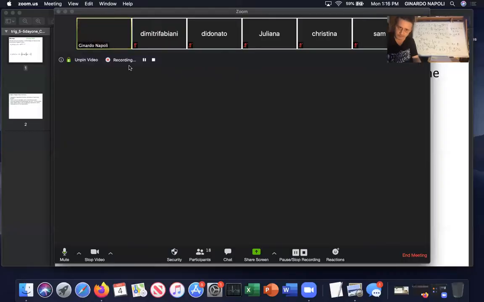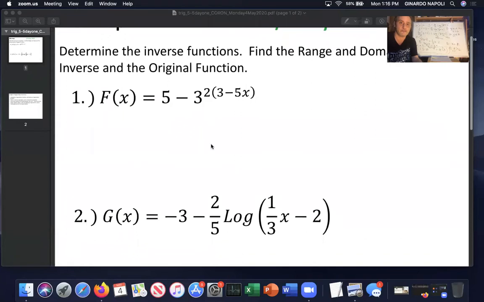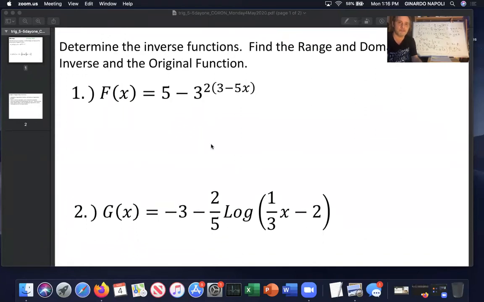Mr. Napoli, could you have a base of a log as a negative number? No. I mean, theoretically you can, but we don't do that because then it's going to involve having to take roots of negative numbers.